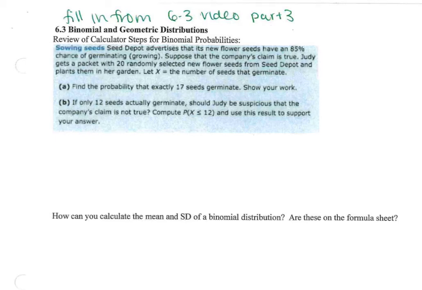We're going to start off by doing some examples of binomial distributions and then introduce geometric distributions. So first of all, to review the calculator steps for binomial distributions, you can use binomial PDF, n, p, k, when it is the probability that x equals k for n trials and p probability of success.